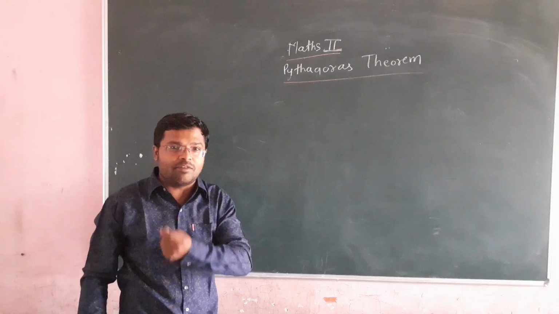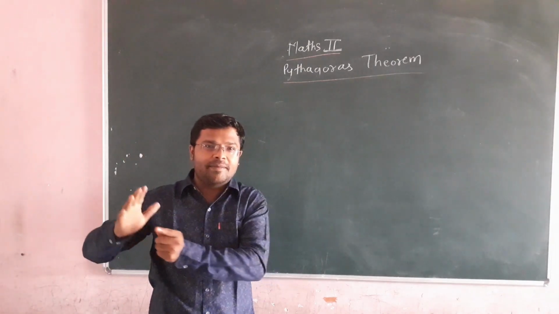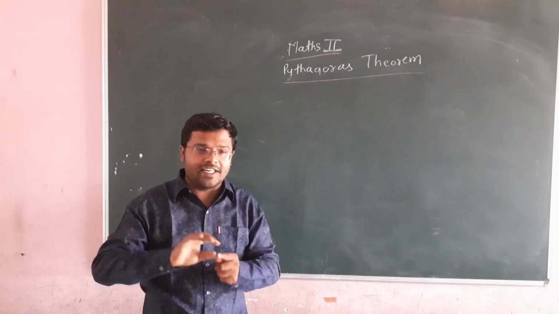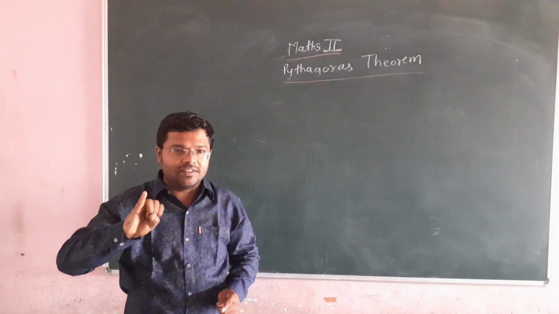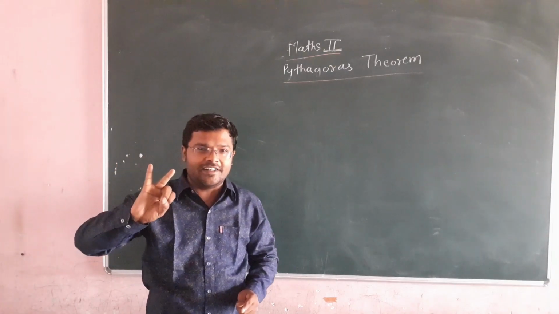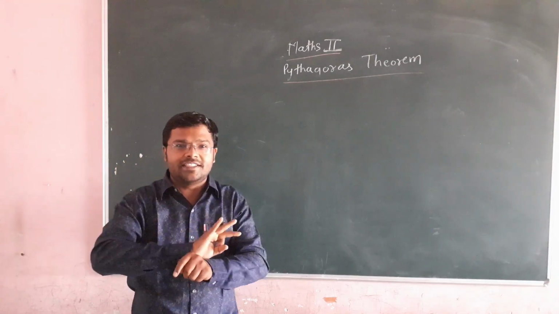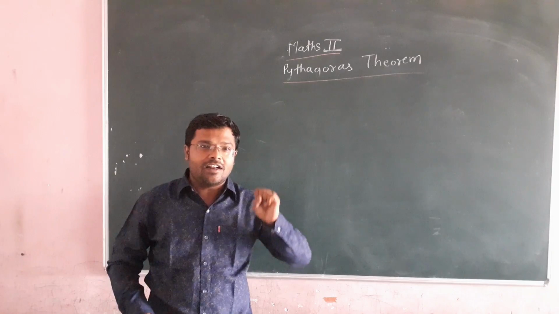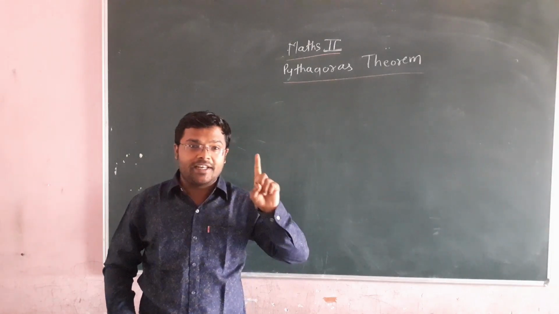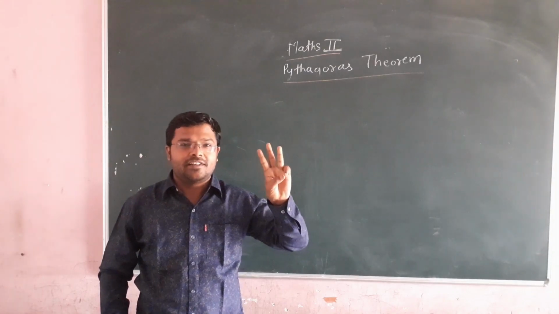There are 6 types of triangle: 3 based on the side and 3 based on angle. Based on side, first one is equilateral triangle, that means all the sides are equal. Another one is isosceles triangle, that means 2 sides are equal, and third one is scalene, all sides are different. And based on angle, there are also 3 types: acute angle triangle, right angle triangle, and obtuse angle triangle.